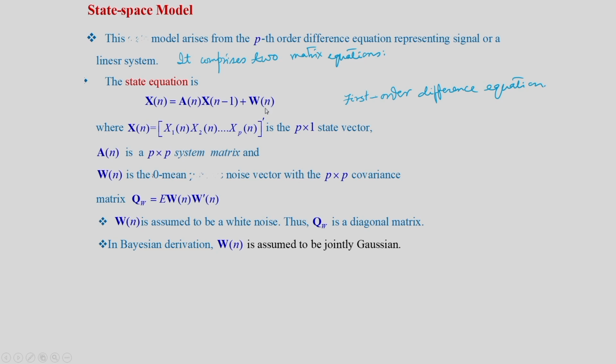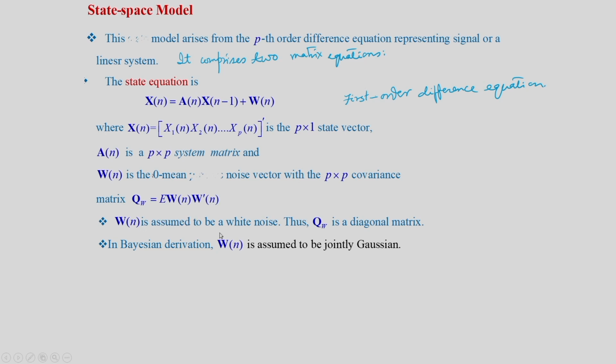This wn is a noise vector which is also known as the process noise, and its state component will have corresponding noise addition, and this noise is a white noise and it is characterized by the covariance matrix E of wn into wn transpose.